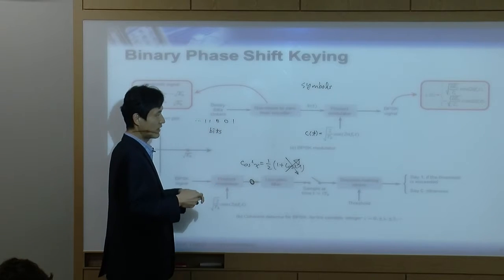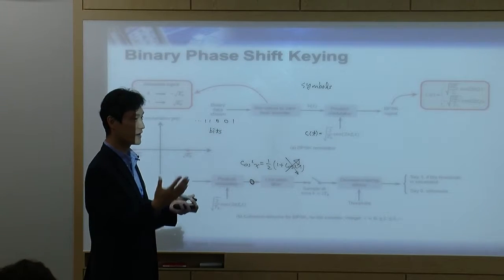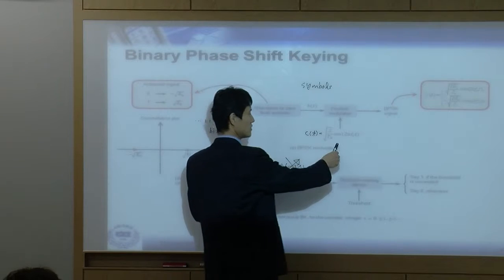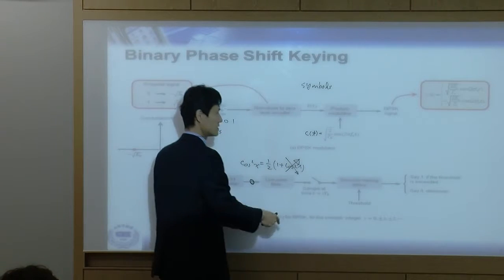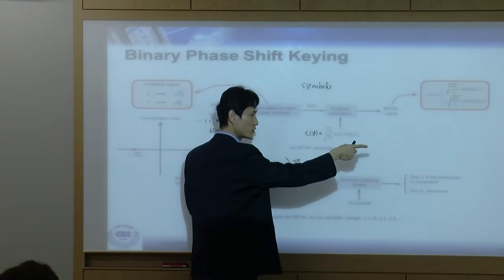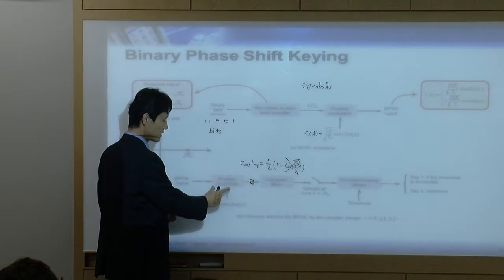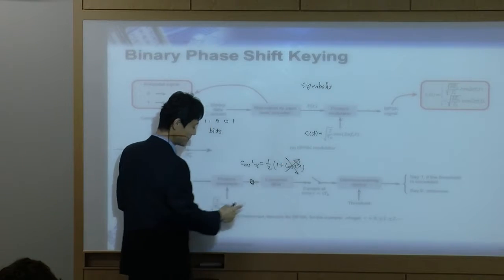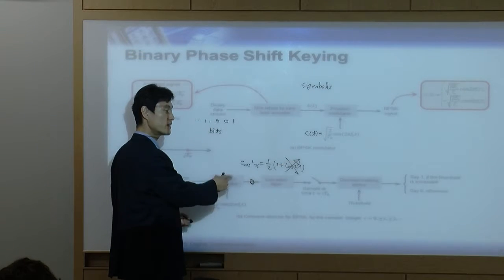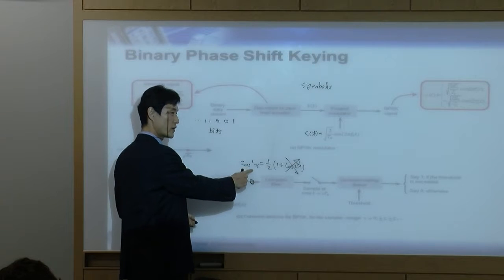Every time you use over-the-air communication, you use cosine as a carrier. Since you use cosine as a carrier before transmit, at the receiver you also multiply by the same carrier. See that this is exactly the same carrier again, making a cosine square.